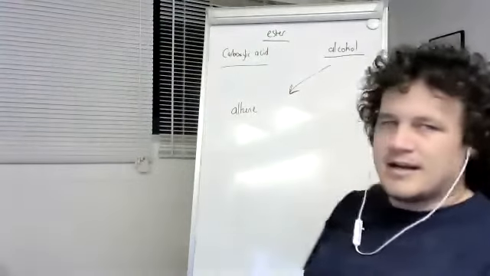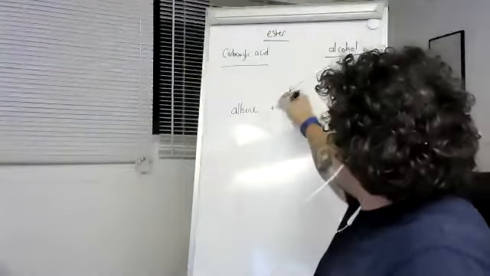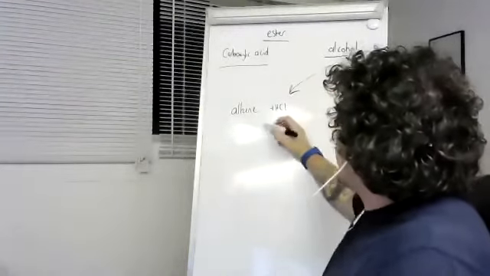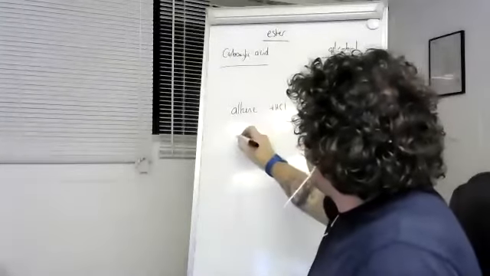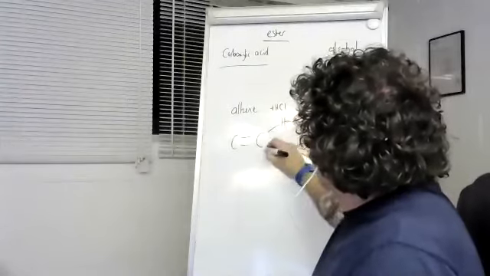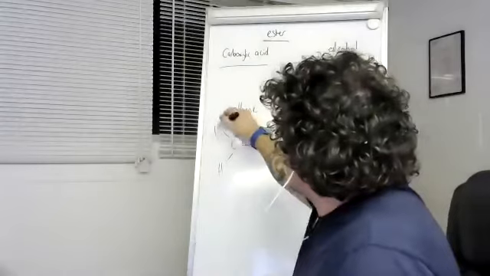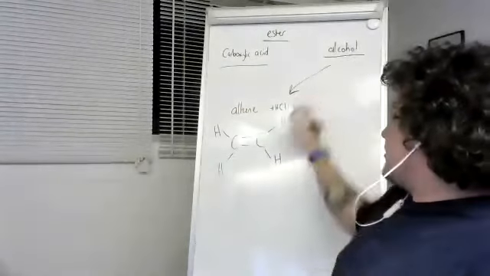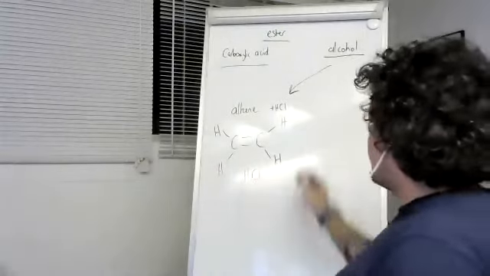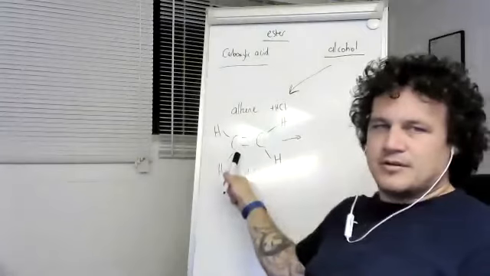We can take an alkene, add hydrochloric acid. So we go from an alkene, so if we add HCl, it's going to reduce this double bond.